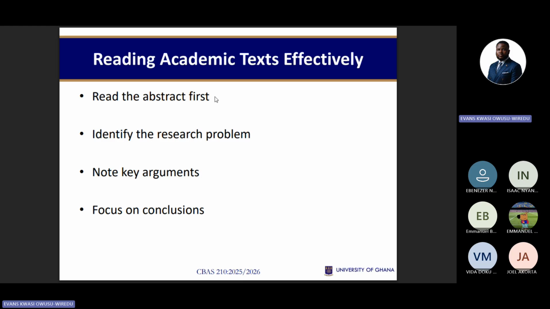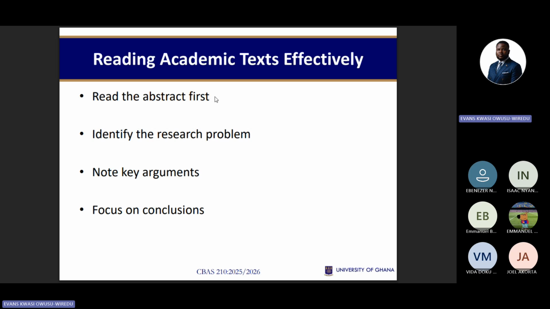Then you begin to identify the problem that the academic text wants to solve. So where is the problem? As soon as you identify the problem, you know the topic.